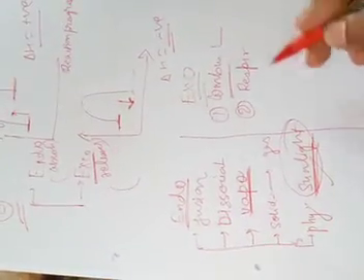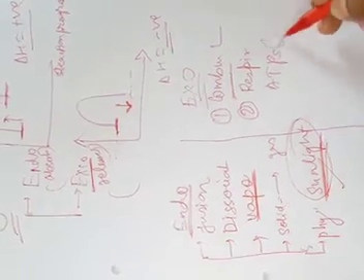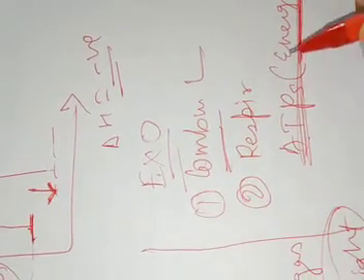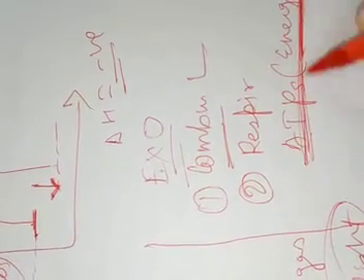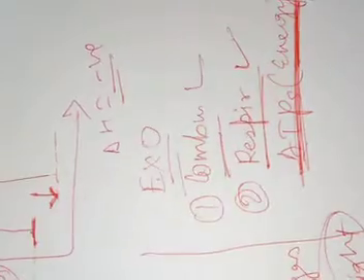The second one is the respiration reaction. In this, ATPs are formed. ATP is nothing but energy, that is heat. As we know, in an exothermic reaction energy is released, so the respiration reaction is also exothermic.